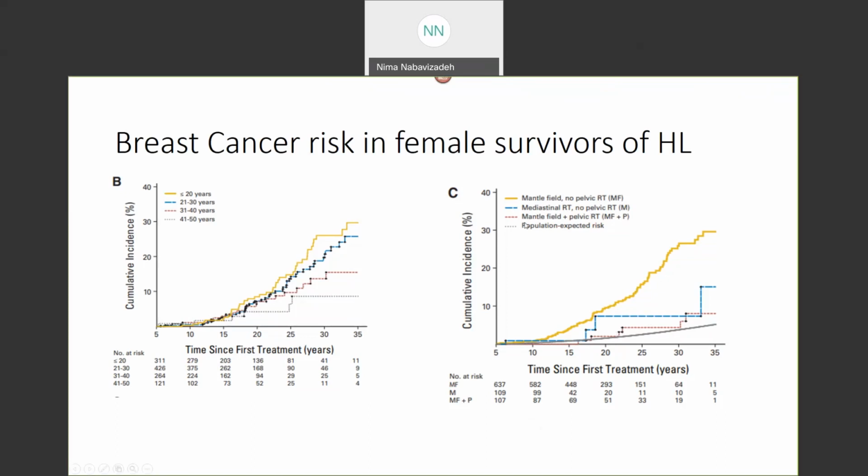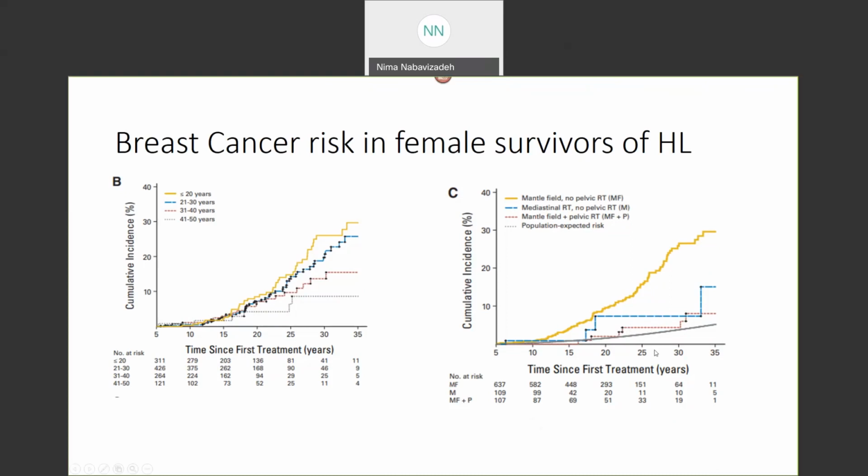Interestingly, you can see for patients who had both mantle field and pelvic radiation, so these are patients who were treated many years ago with total nodal irradiation, their risk of breast cancer is actually less than the risk of breast cancer for patients who had mediastinal irradiation and no pelvic RT, that blue line there. And you might ask yourself why that is. That's probably because the pelvic radiation ablated any estrogen production that they had remaining.